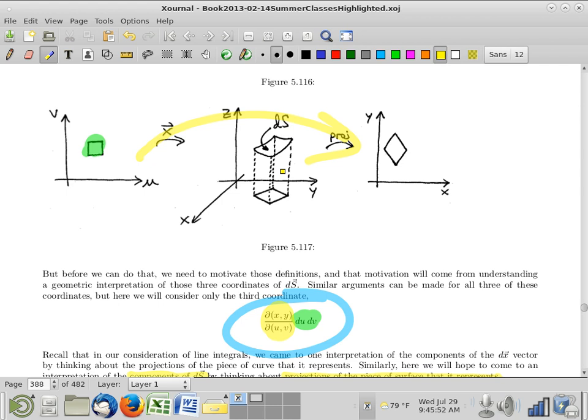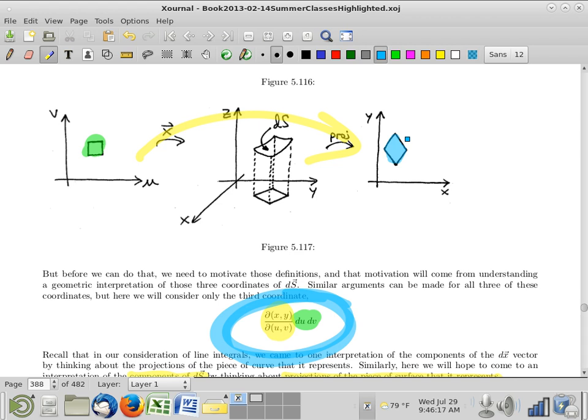Namely, I'm going to multiply by the change of variables stretching factor there. So this, very naturally, is that area. Everybody on board?